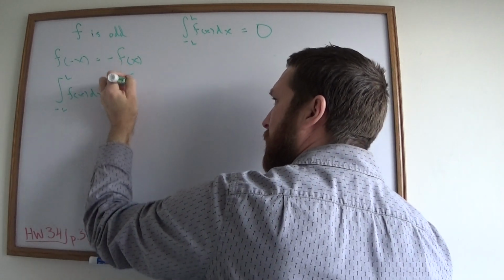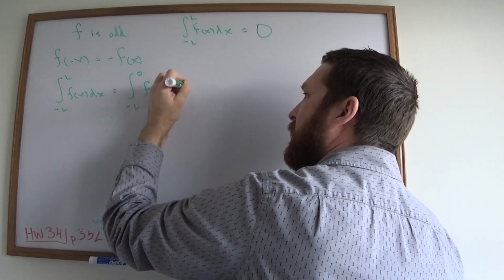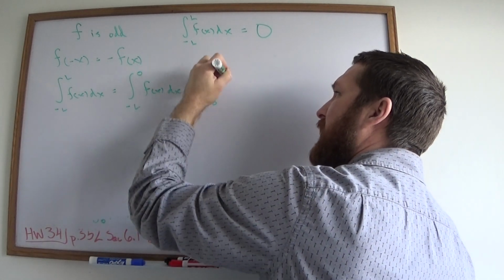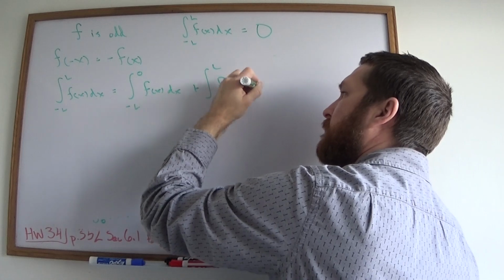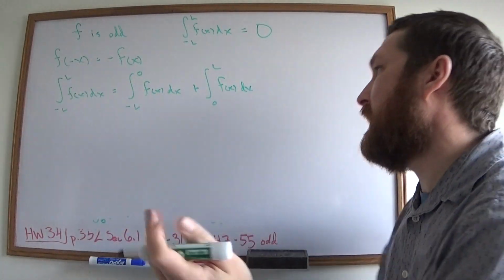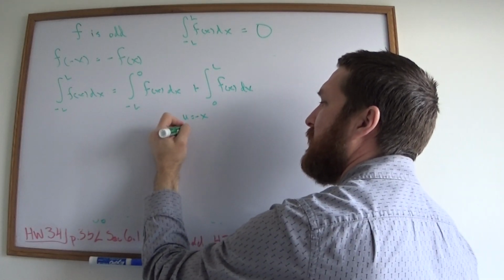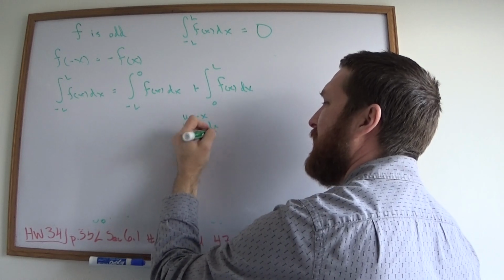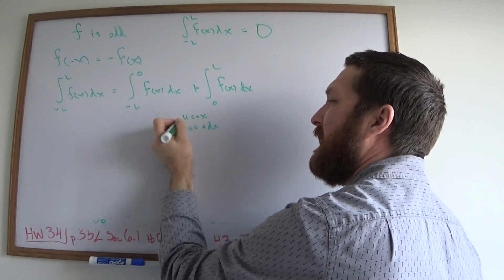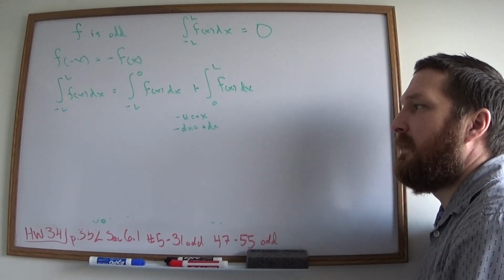Okay, I could split them up. So I'm going to go from negative L up to 0 of f of x, plus the integral from 0 up to L of f of x. Now I'm going to say, okay, let's see, how can I make it negative? I'll let u equal negative x, so that du equals negative dx. It's the same thing, doesn't matter.